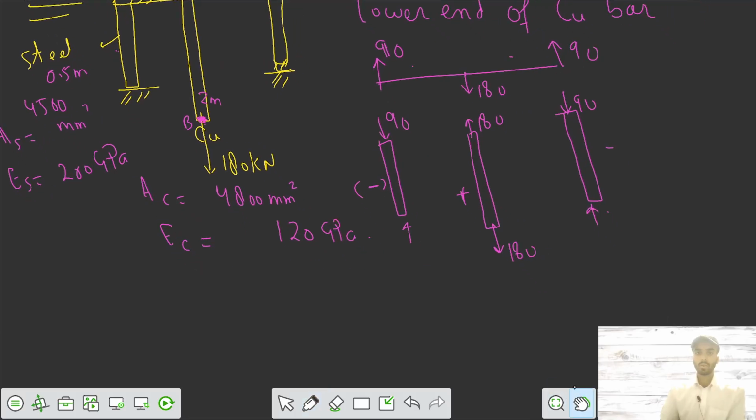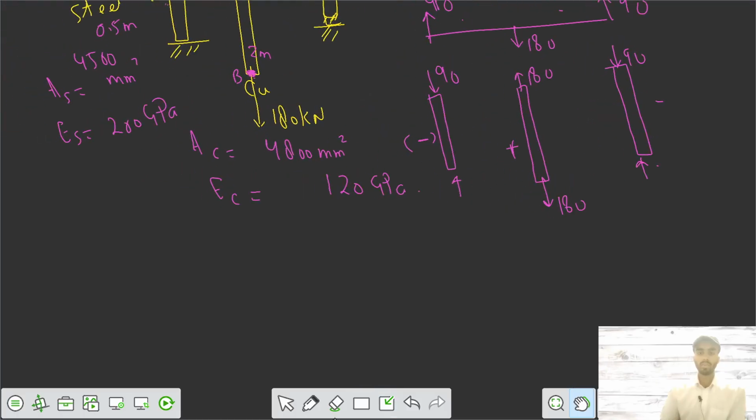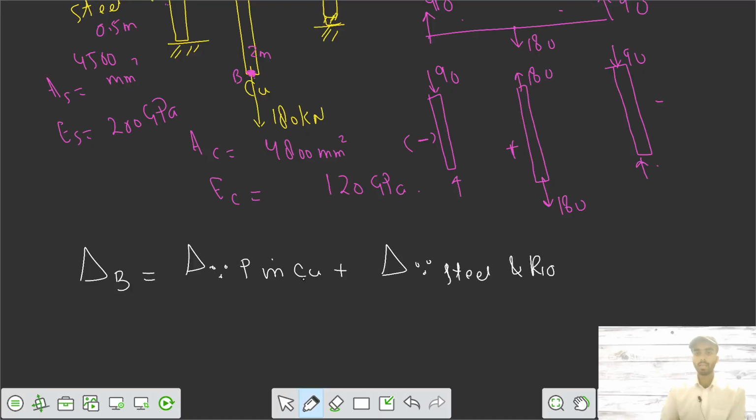So for the concept of rigid body displacement, I would say delta downward of B equals delta because of load in copper, plus delta because of load in steel and rigid body displacement.